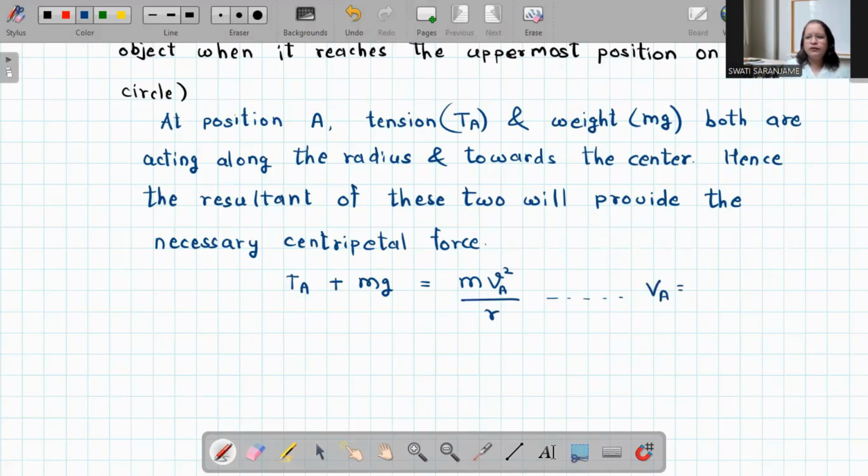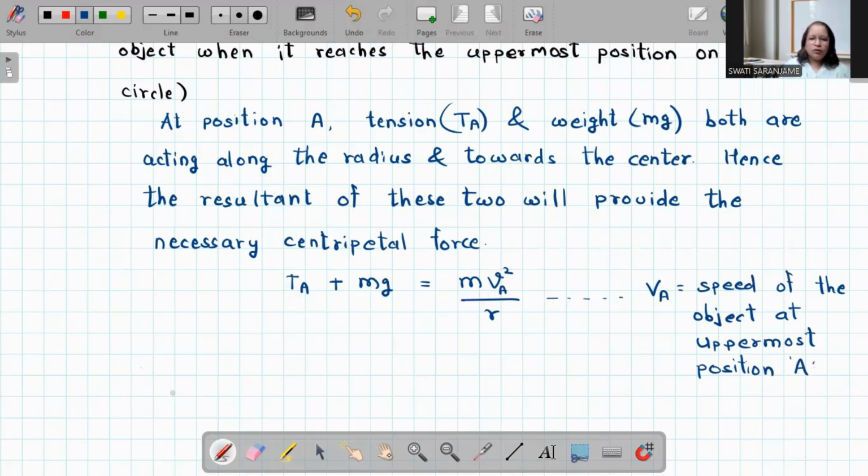Va is what? Va is the speed of the object at the uppermost position, that is position A. Okay.